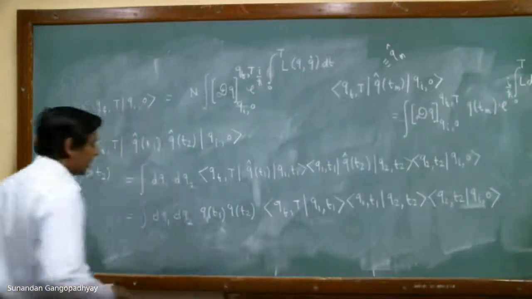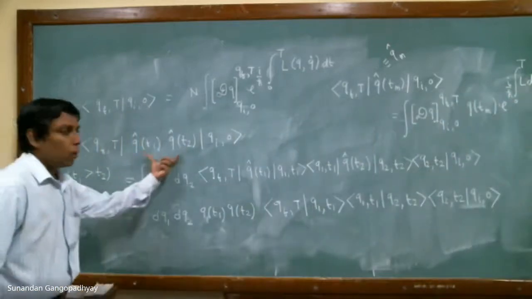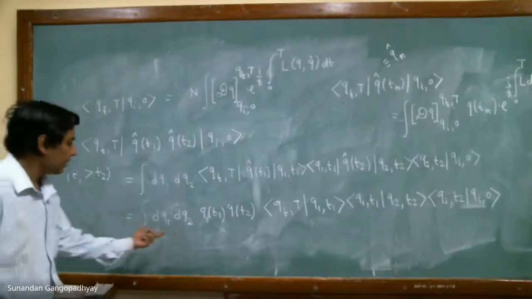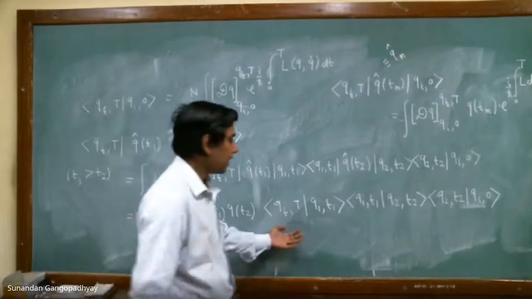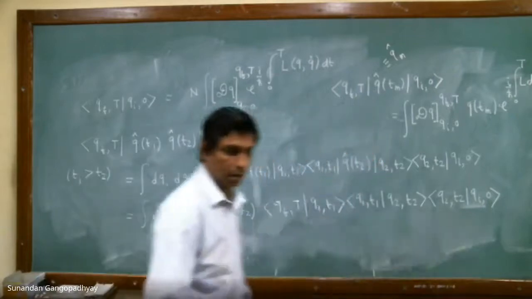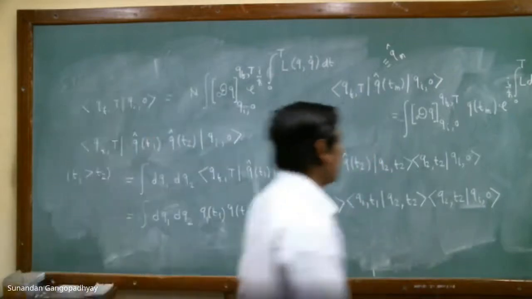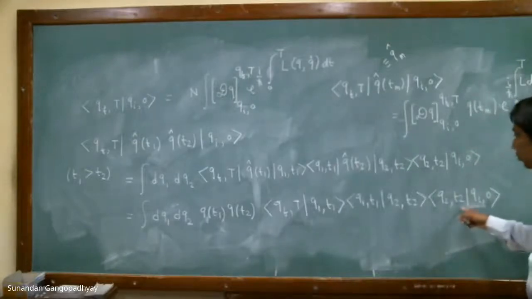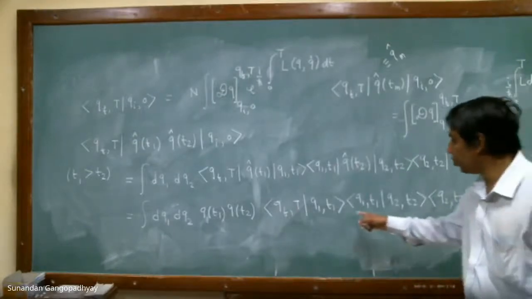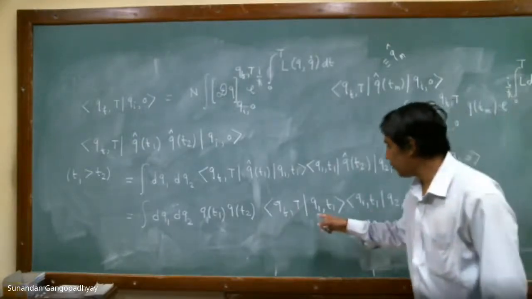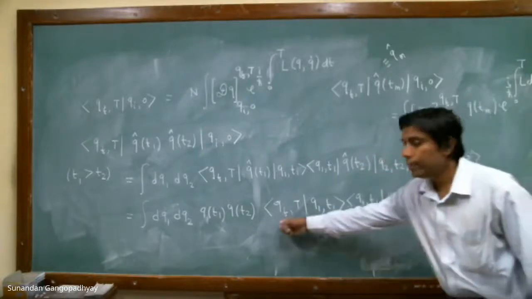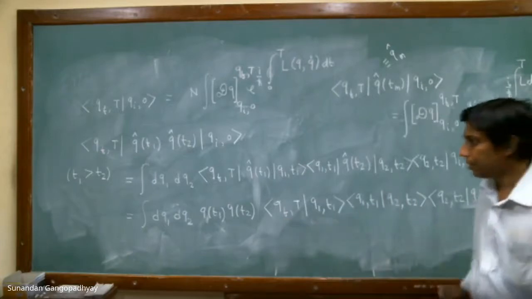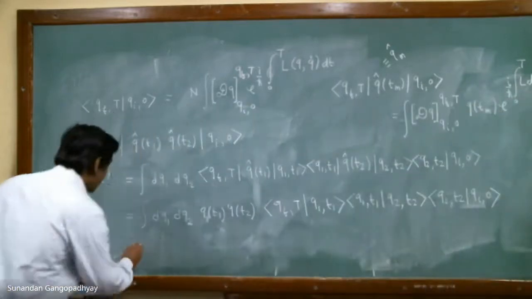Once again, you can see that when you place two operators and take its matrix element, you have two ordinary integrals, and once again there are three propagators now. So this is from q_i to q_2 at T_2, then q_2 at T_2 to q_1 at T_1, and then q_1 at T_1 to q_f at capital T. So all these things have path integral representations.